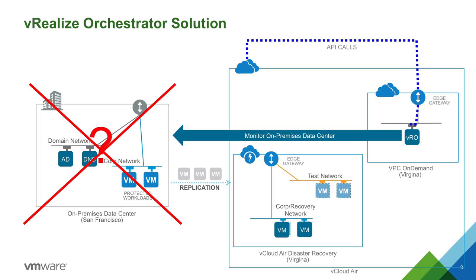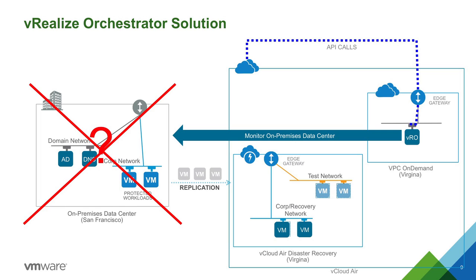So we deploy a vRealize Orchestrator appliance in an on-demand environment, and this monitors our data center for failure. So if our data center was to go down, the vRealize Orchestrator would detect this. So when this data center fails, the vRealize Orchestrator realizes that this site is no longer available. And then we run workflows and scripts that we pre-created to actually power on the virtual machines.